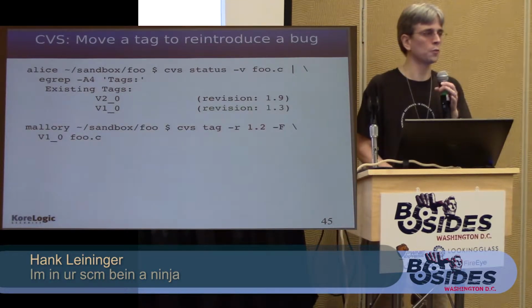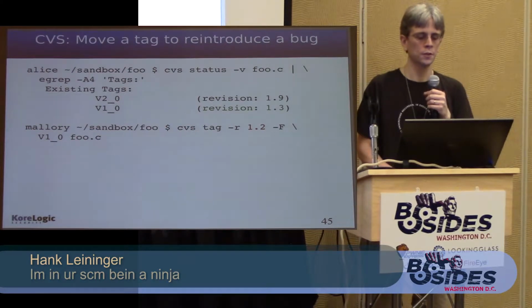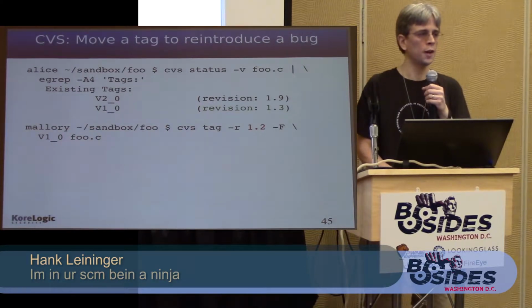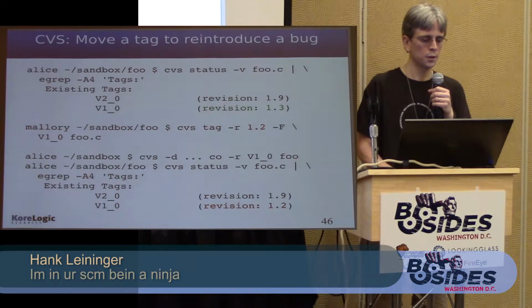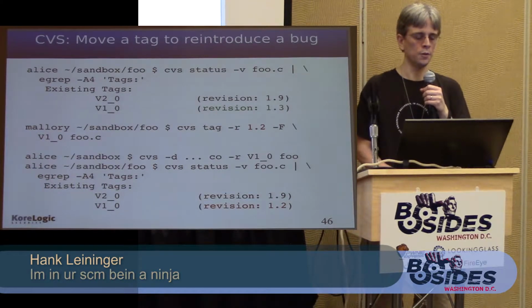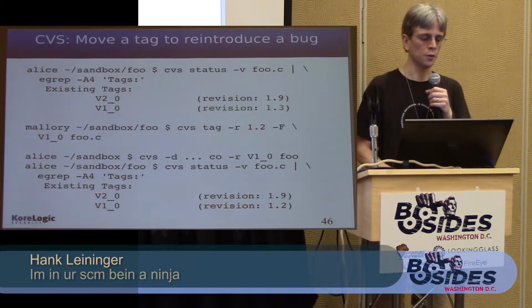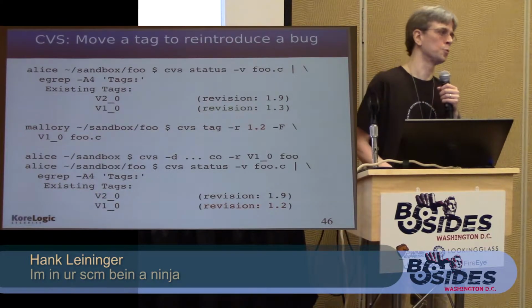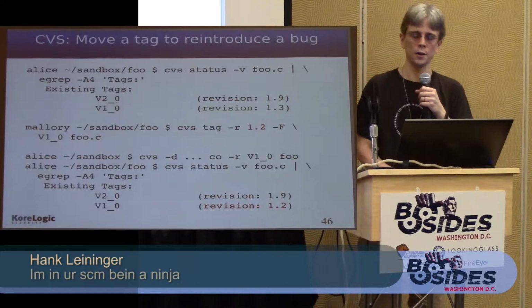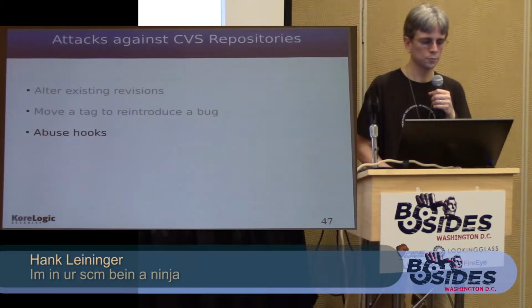Mallory, using nothing more than regular developer remote access, simply rewrites the tag to point to 1.2. Now the next time Alice says, I want to check out version 1_0, the version she gets is the previous revision that has the bug.